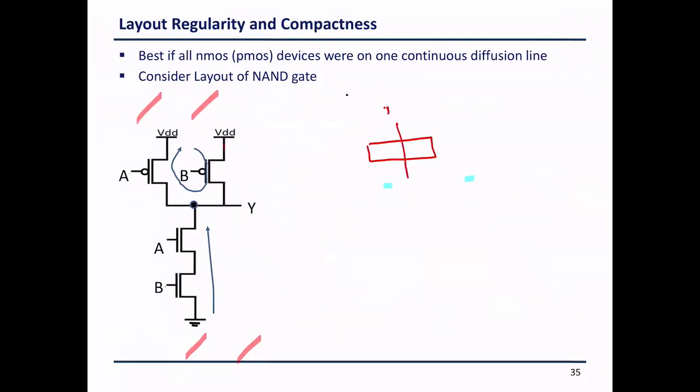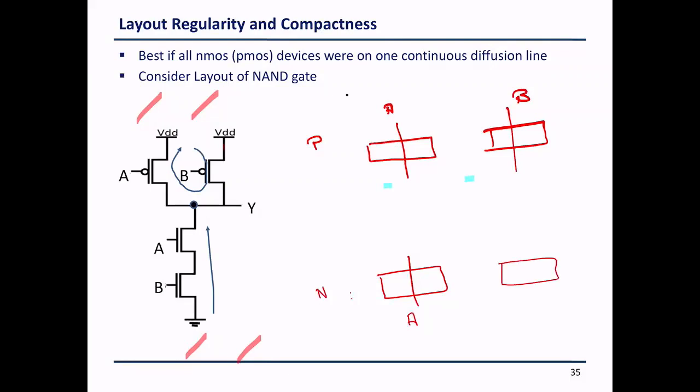So this is the PMOS transistor for A, and this is the PMOS transistor for B. And I have another PMOS transistor. Now, it is definitely better to align them, so at least I will put them under each other here because they are simple. They are two transistors for A, and this is another NMOS transistor for B. So I have A and B.